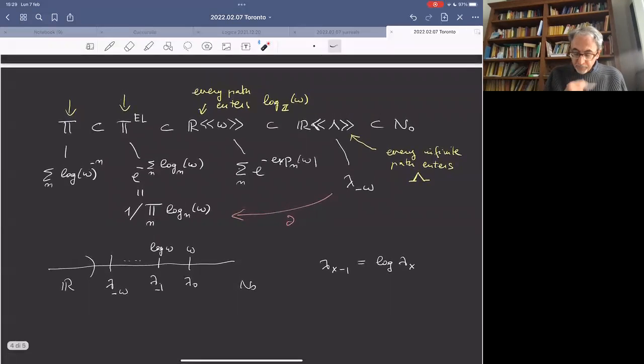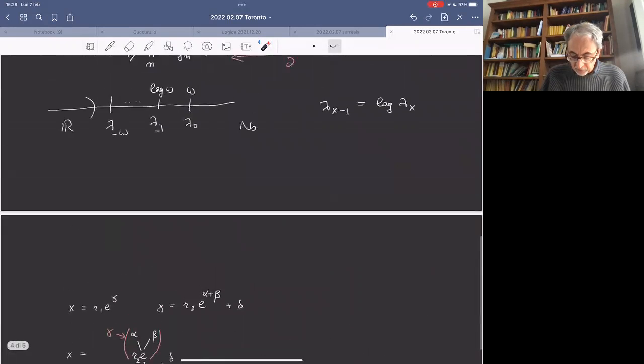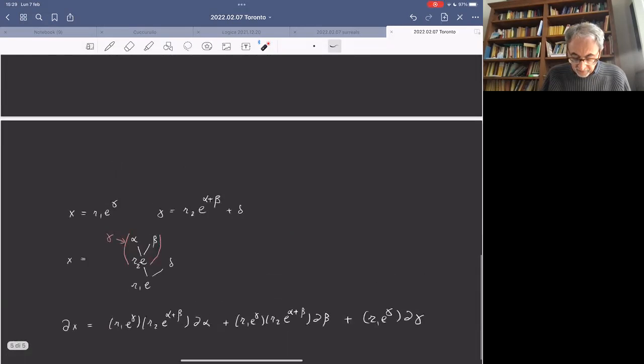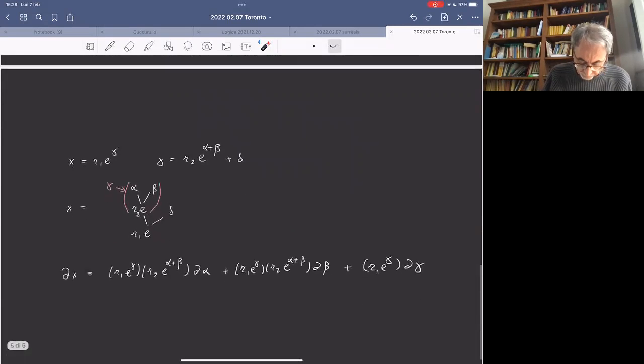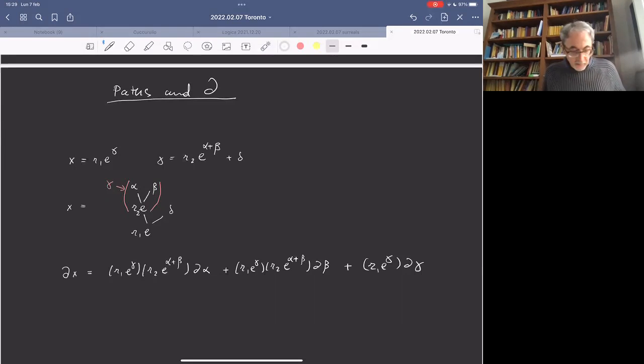Okay, now let's see how the derivation is connected with the notion of paths. Paths and derivatives.